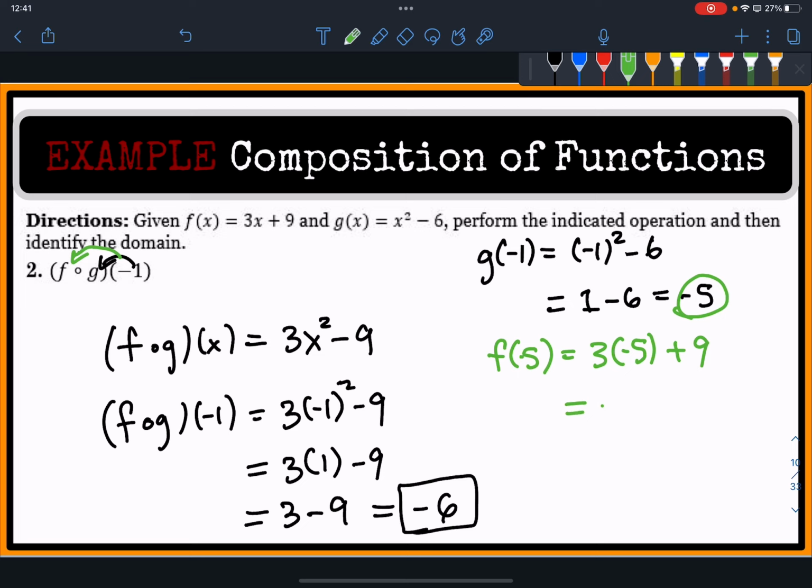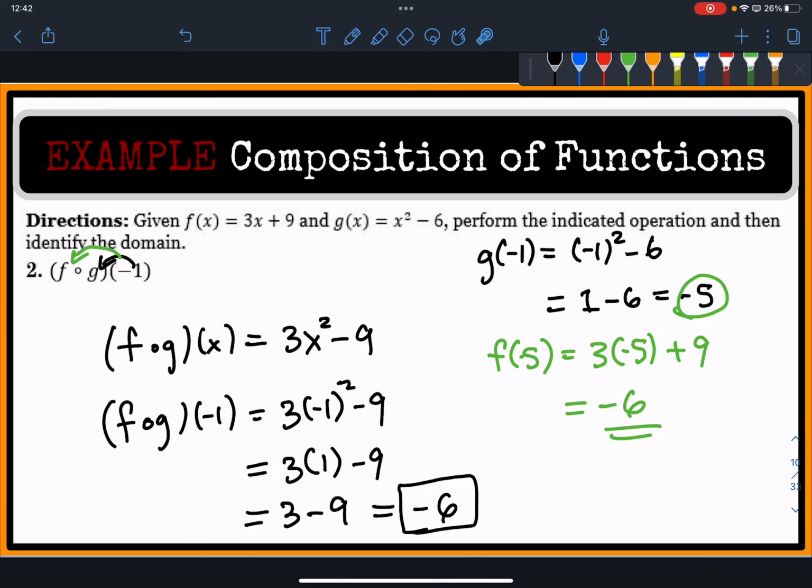I still get the same answer, but notice again that it's a little bit more work, because I have to plug the initial number into one function, and then that answer gets plugged into the other function to get the composition of f of g when x is equal to -1. It's easier to first figure out what the composition is, plug in that number, and then get my answer from there.